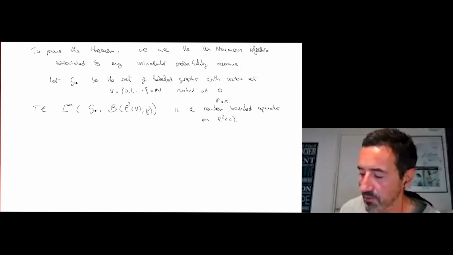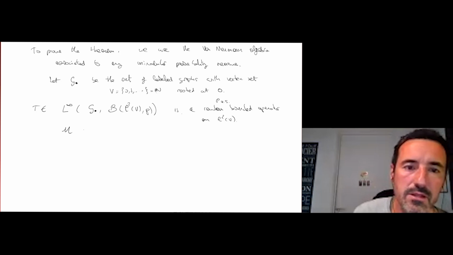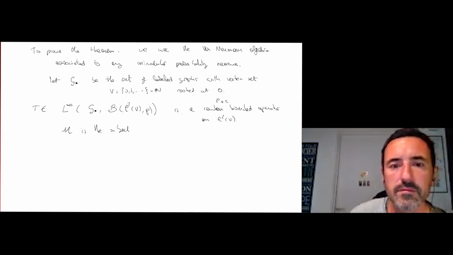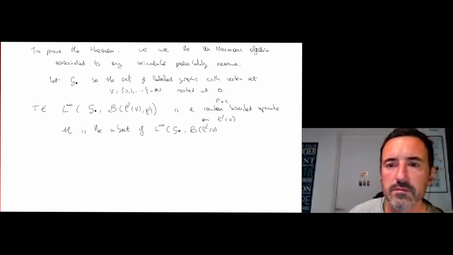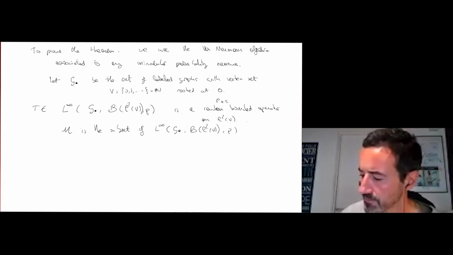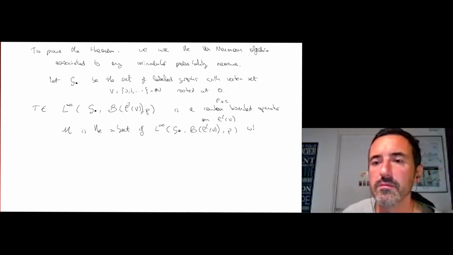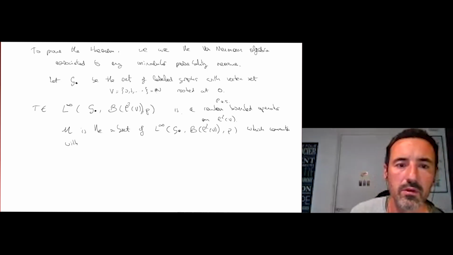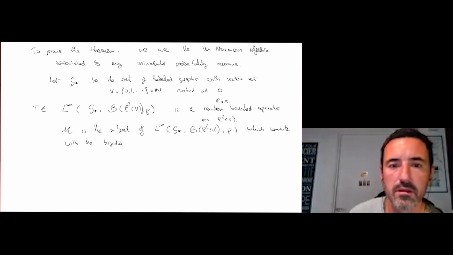You impose some extra commutation, and so M is a subset of this L infinity, of operators which commute with the bijections on V, which is the integers here.